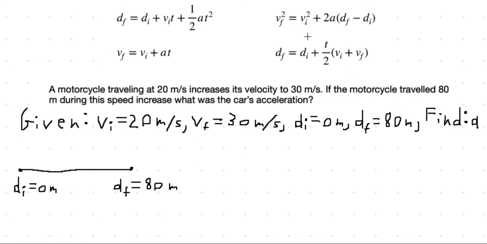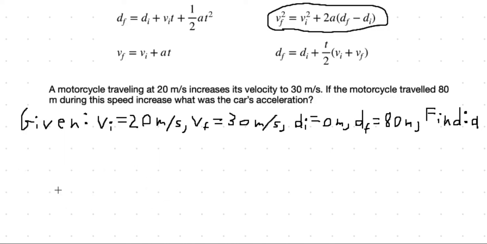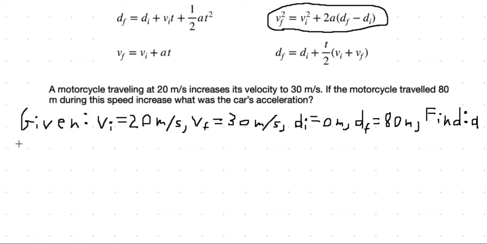So looking at the kinematic equations here, this equation contains all the given variables and the variable a. So we can use that then. So we can plug in what we're given and then solve for a. So I'm just going to write down the circled equation here.